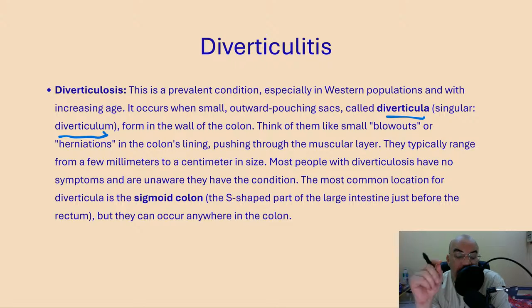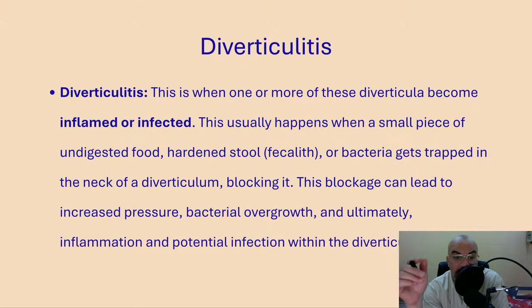At the beginning there are fewer symptoms, until it becomes a complicated issue, and this needs surgery to remove the infection. The most common location for diverticula is the sigmoid colon, the S-shaped part of the large intestine, near the end of the digestive system, much closer to the anus, and that's why it will end with an end colostomy type.